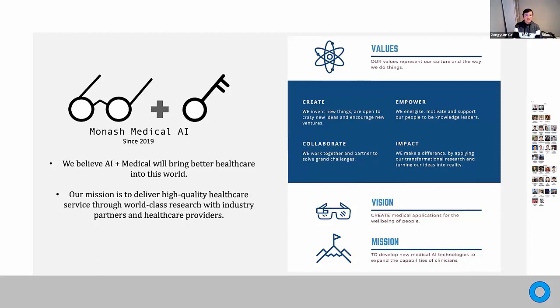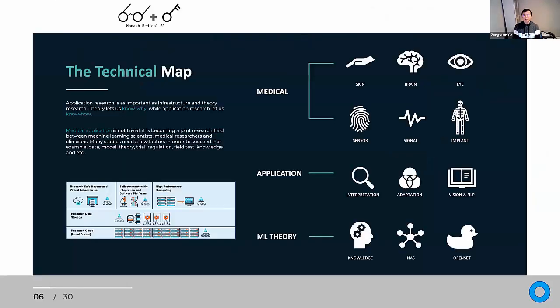Okay, now we can jump to what we have been working on. We break our group's research topics into 3 levels. At the very bottom level are machine learning theory, knowledge discovery, neural network architecture search, and open set theory study, to support the medium level of applications like model interpretation and adaptation, vision, NLP, and data learning together.